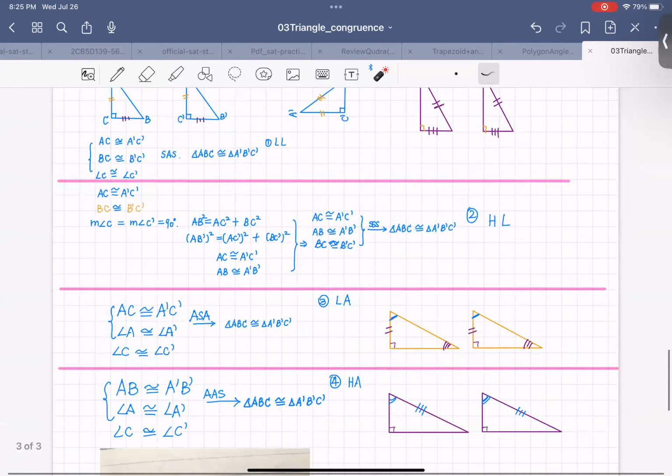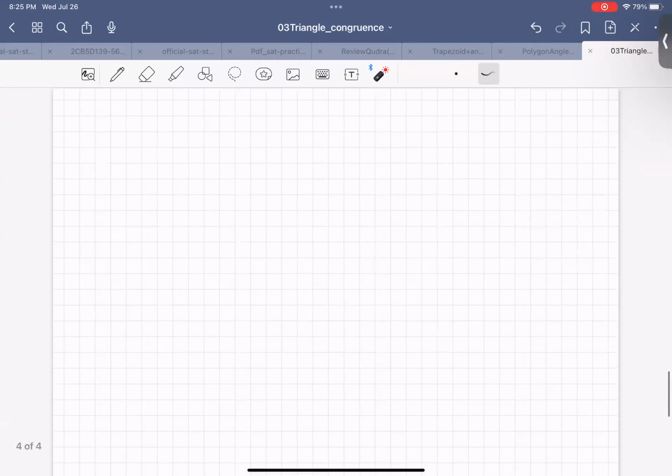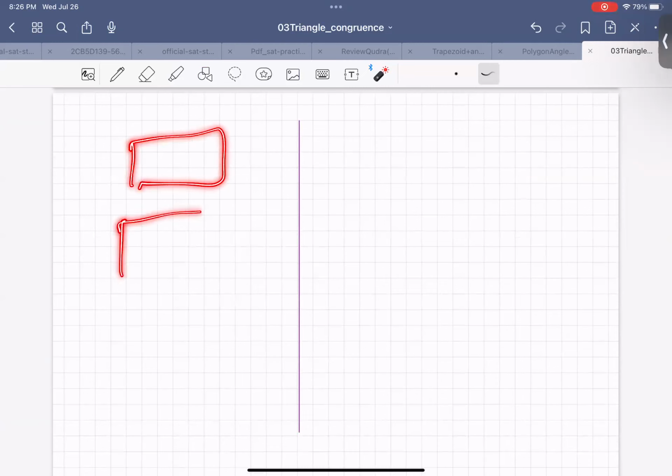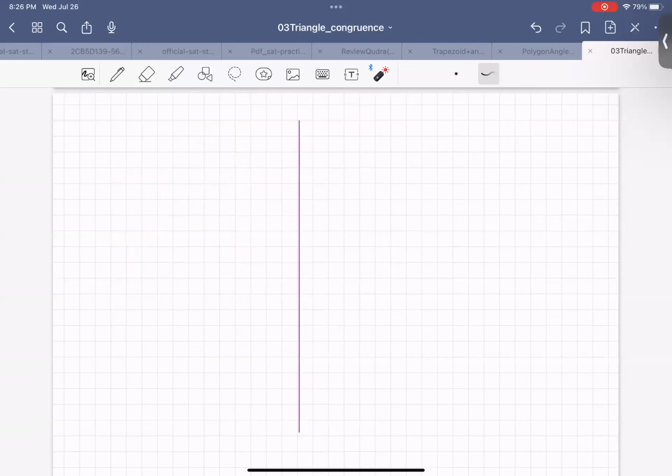Now, I introduce these four theorems. Based on your memory, I'm going to let you try to draw a table on your own paper. Write down the four theorems and then draw the symbols. For example, I'll give one example. If I say ASA, I'm going to draw a triangle like that.